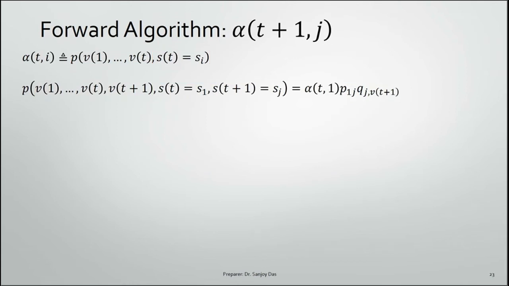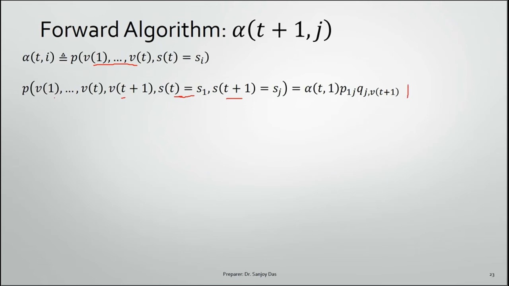So we have alpha ti, and that's by definition the probability of the sequence of outputs v1 through vt and St being Si. And we saw that the probability of the output sequence until vt plus 1 and St equals S1 and St plus 1 equals Sj is given by this expression here.